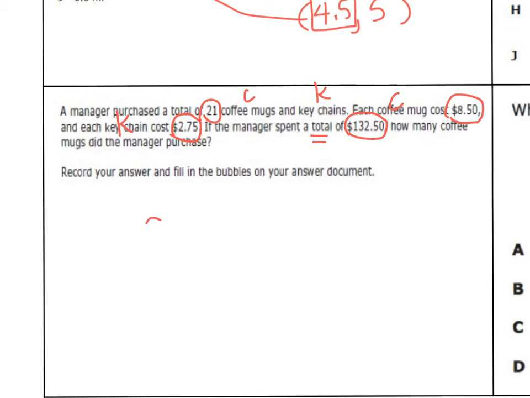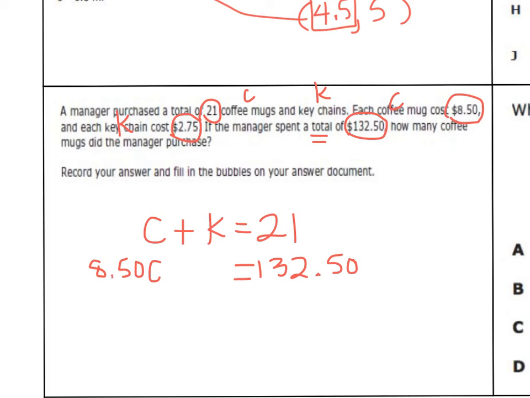So we know that the coffee mugs plus the keychains has to equal 21 total items. We also know that the total money spent was $132.50, and each coffee mug was $8.50, so that's $8.50 times coffee mugs plus $2.75 times the keychains is equal to that total.